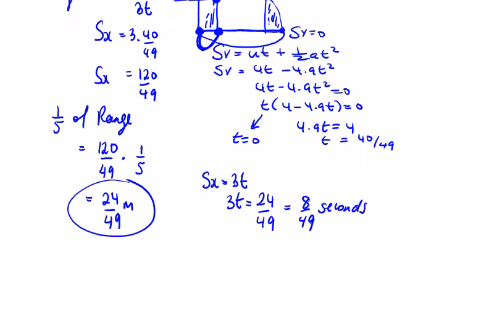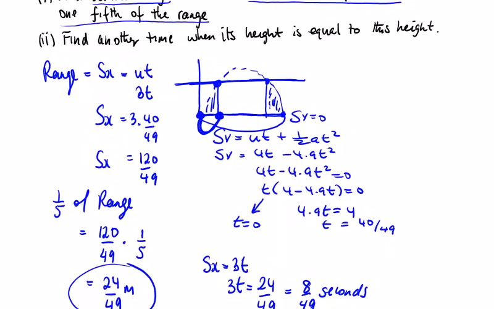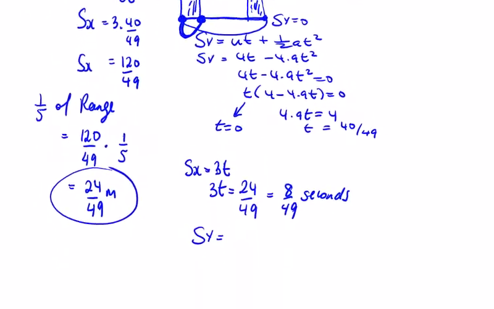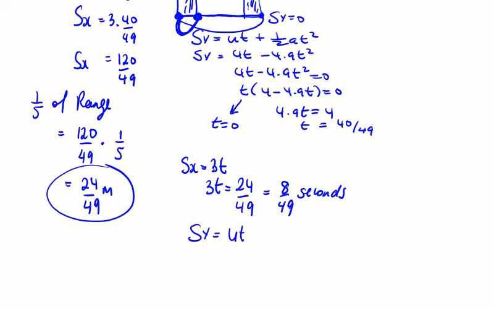So we want our displacement in y at this time. S of y is equal to my initial velocity, which was 4 up here. So ut plus a half at squared, you're going to keep writing it, is equal to 4 times 8 over 49 minus 4.9 by 8 over 49 squared.